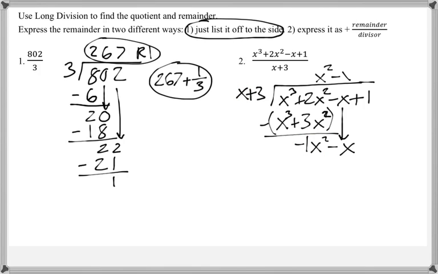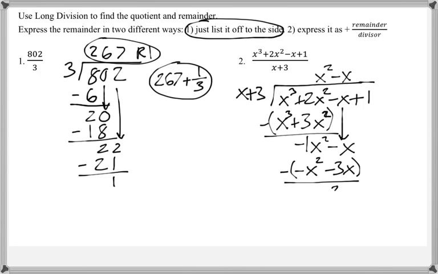So I'm going to write negative x there. And then I want to multiply negative x by both of those. So that's going to get me negative x squared minus 3x, and I'm subtracting those.